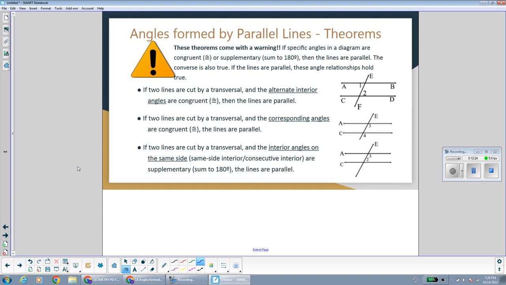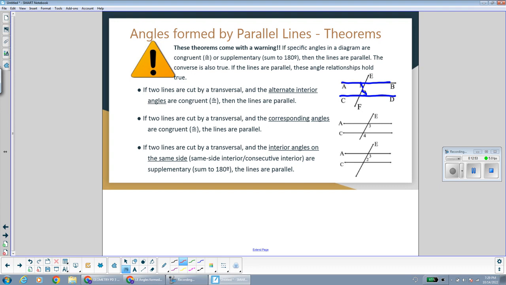If two lines are cut by a transversal and the alternate interior angles are congruent, that makes the lines parallel. So, for example, if angles 1 and 2 here are alternate interior, inside the lines on different sides of the transversal, and they are congruent, that would show that the lines are parallel.